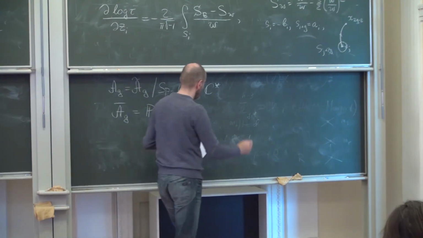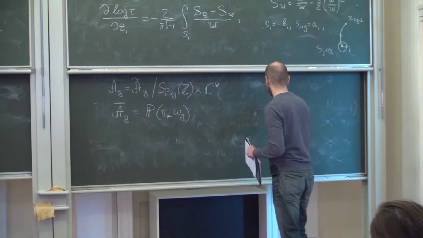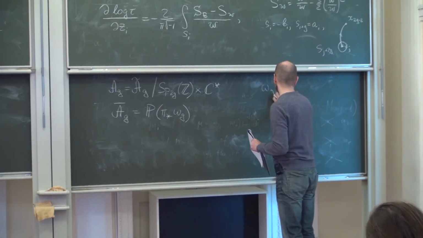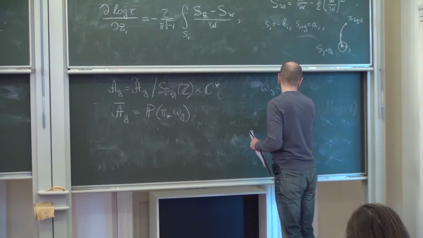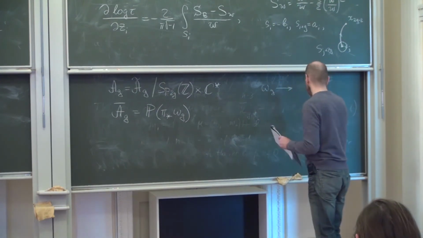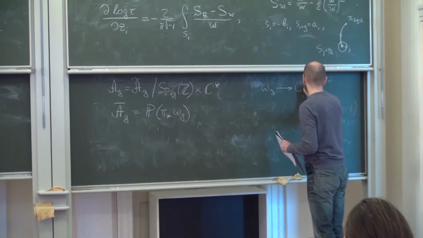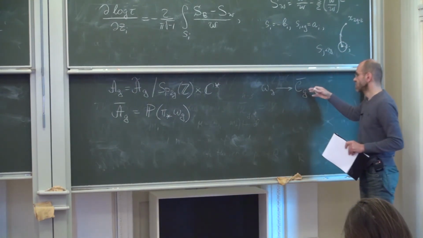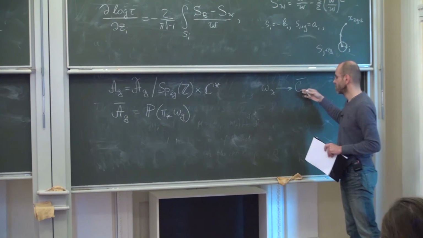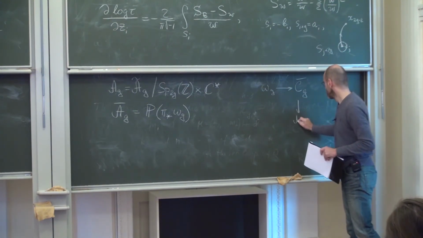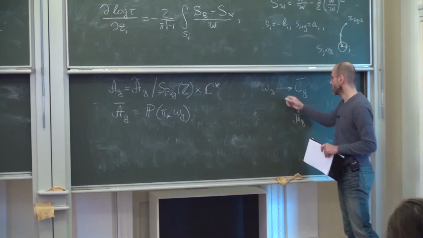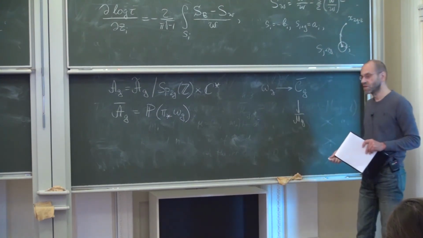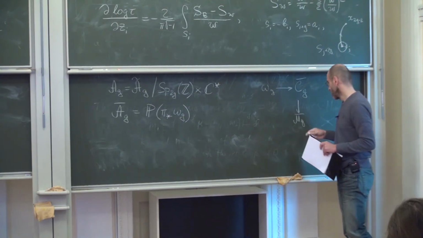So let me recall what the relative dualizing sheaf is. That's a sheaf on the universal curve. Along each fiber of the universal curve, this is just the cotangent bundle to the curve, or the canonical bundle to the curve.